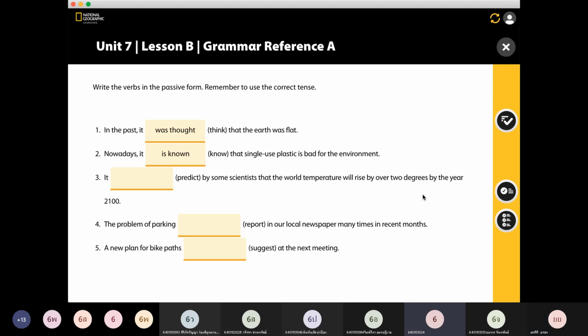Number 3 is predicted. It is predicted. Yeah, right.